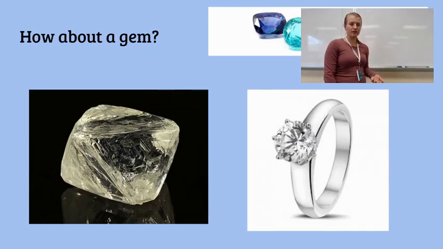The picture on the left here is a diamond, but it's the mineral form. We would take that diamond right out of the earth, and it's obviously been cleaned off a lot more than if we just pulled it out of the ground. But once you polish it and cut it nicely and make it really pretty, that's when it's considered a gem. So a gem is basically just a human construct. It's just a pretty thing that we like to have.